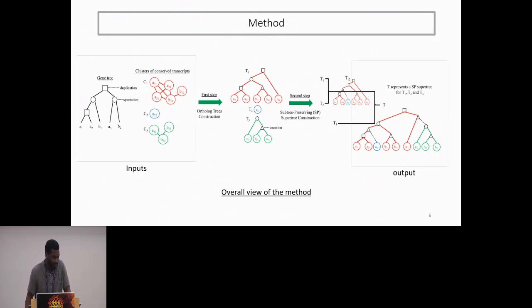And the last step is just to merge all the ortholog trees obtained at the prior step. So we construct at the end a super tree. So this step is NP hard as we seek for a super tree that first has a minimum sum of branch length.